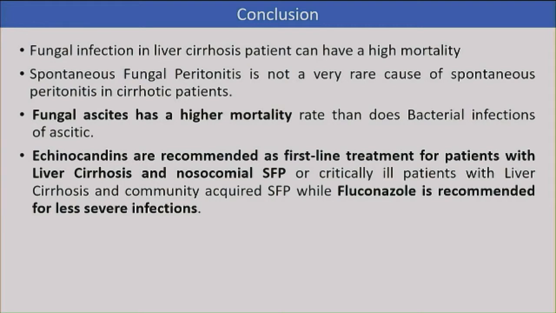Echinocandins are recommended as the first-line treatment for patients with liver cirrhosis and nosocomial spontaneous fungal peritonitis, or in critically ill patients with liver cirrhosis and community-acquired spontaneous fungal peritonitis, while fluconazole may be recommended for less severe fungal infections. For that, I thank you very much.